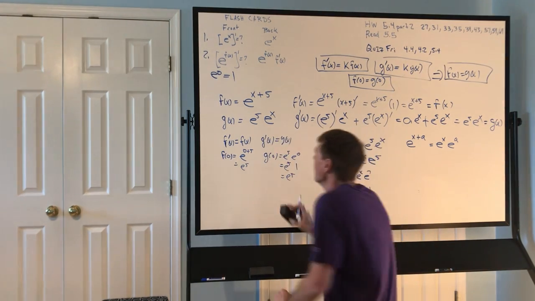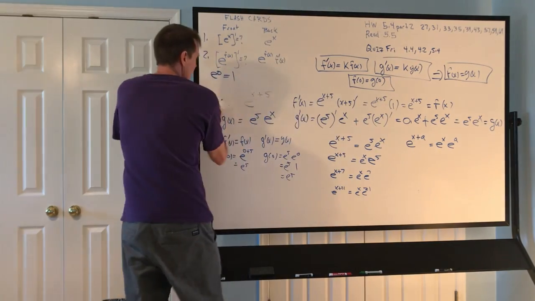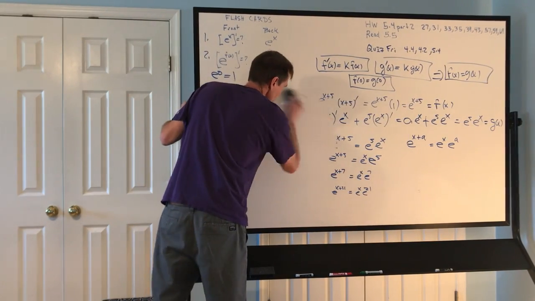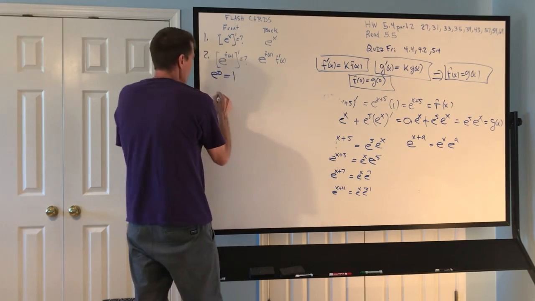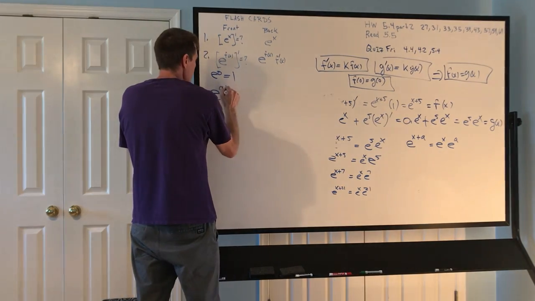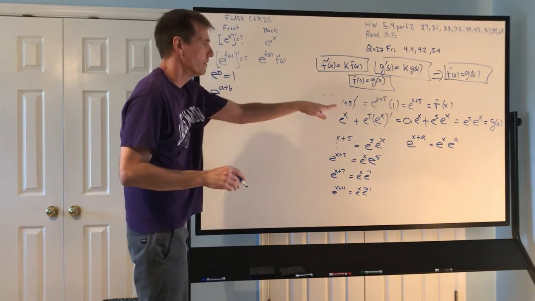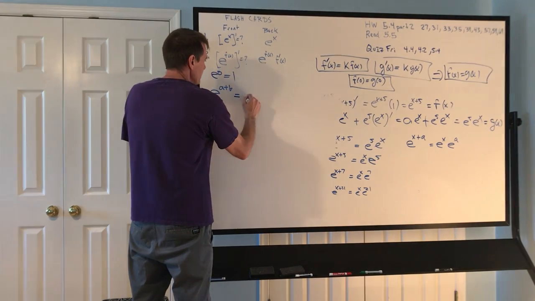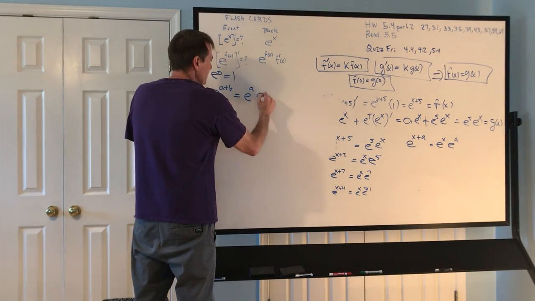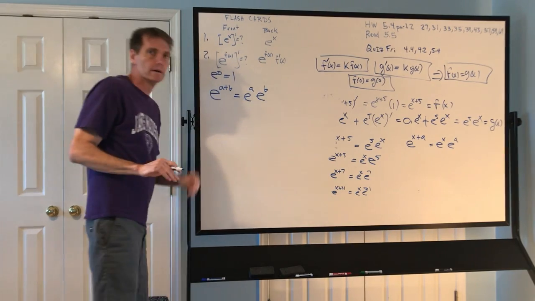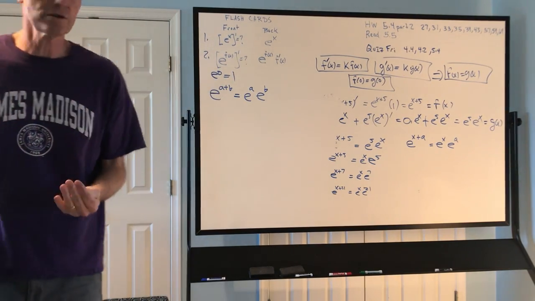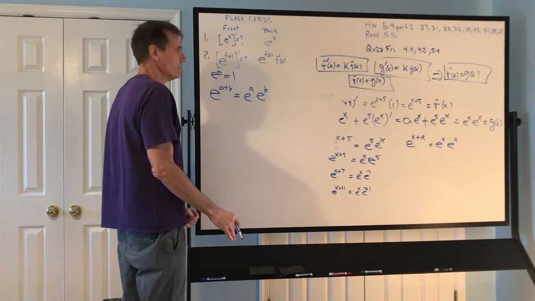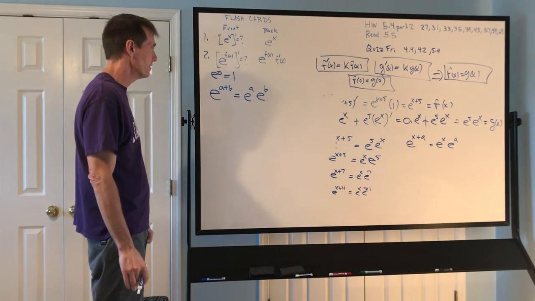And most of the time, we write it like this: e to the a plus b, because a could be any real number, b could be any real number, is equal to e to the a times e to the b. Okay, but we just saw why that's true. e to the a plus b is equal to e to the a times e to the b.